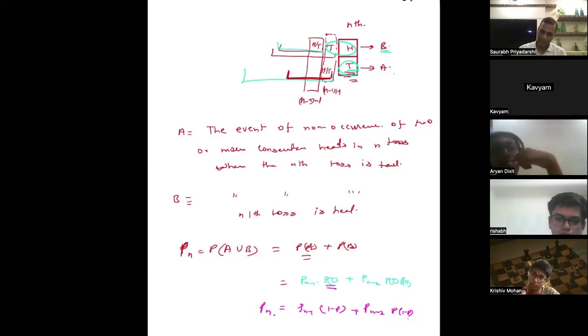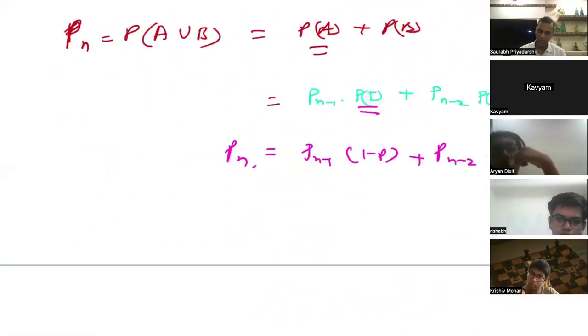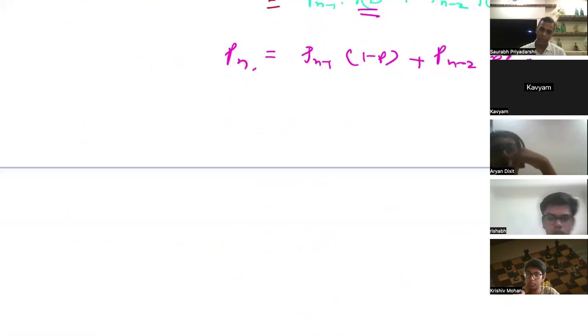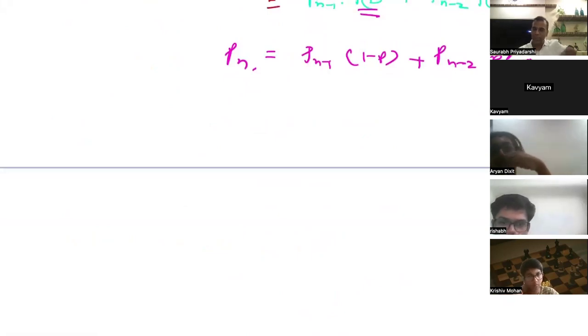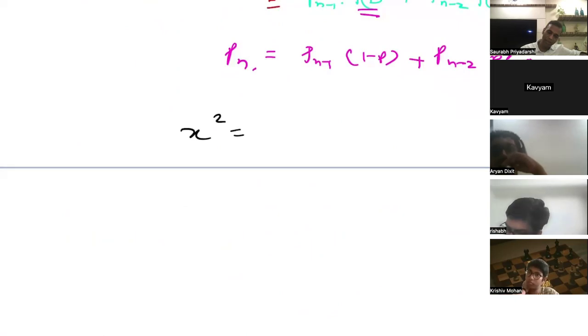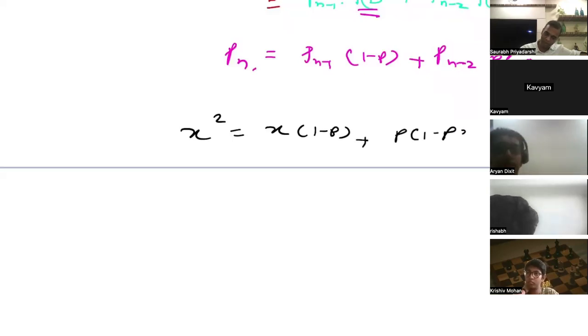The calculation depends on the solution called the characteristic solution, and there is a process for that. The characteristic solution in this case will be x squared equals x into (1 - p) plus p into (1 - p), where p is given. You have to solve that for x.